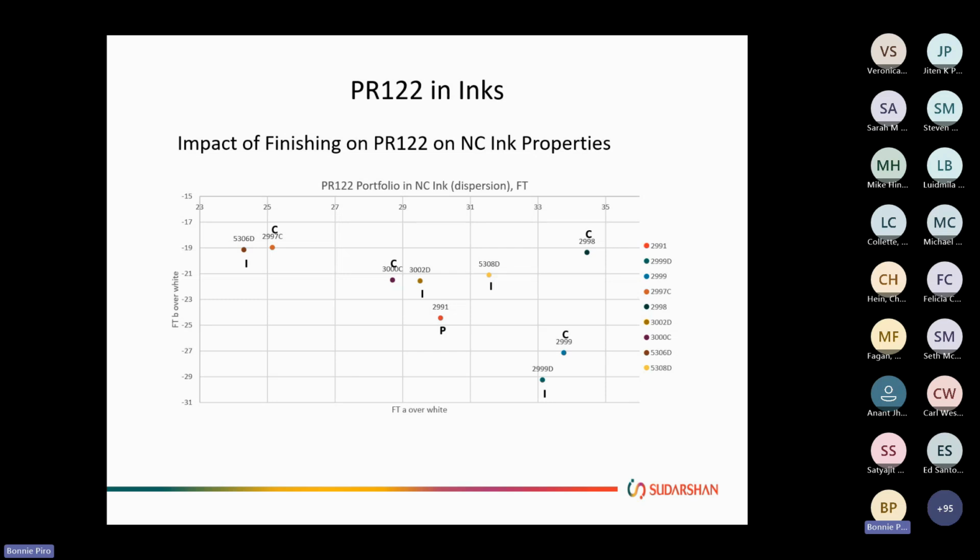And for a Red 122, we want to develop, again, the most red, as well as the most blue, because it's a magenta color shade. We want to be able to get that blue shade. So you can see how the finishing choices in this Red 122 chemistry impact the amount of color development in this particular formulation.